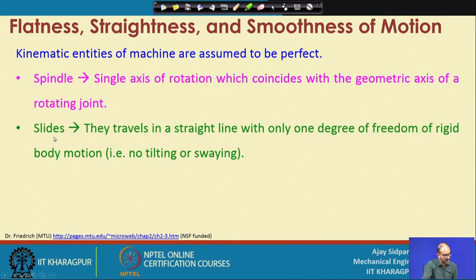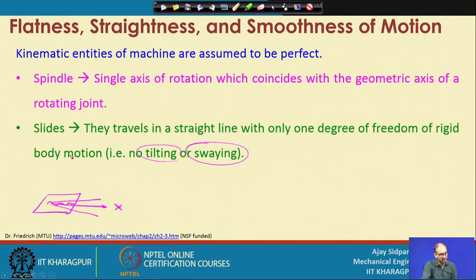If you consider a slide, we assume that it travels in a straight line with only 1 degree of freedom. Suppose this is your table and you are moving in the x direction. We assume it is not moving in this direction, not moving in this direction, or not creating any problem in this particular direction. So, we assume that there is no tilting or swaying in the motion.